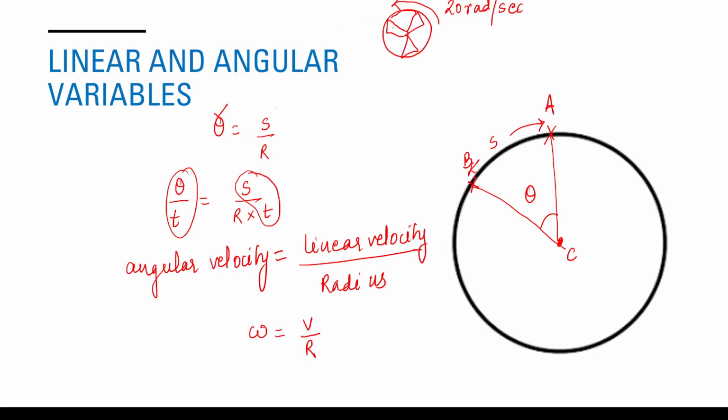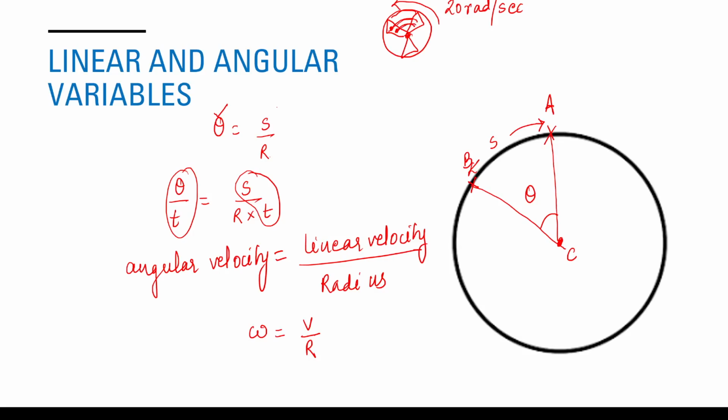Now I have different particles on this fan. The closer the particle is to the center, the smaller its linear speed would be, but it's covering the same angle. See these two particles, this one is farther off from the center, this one is closer.